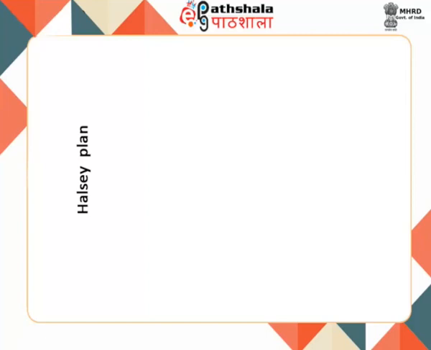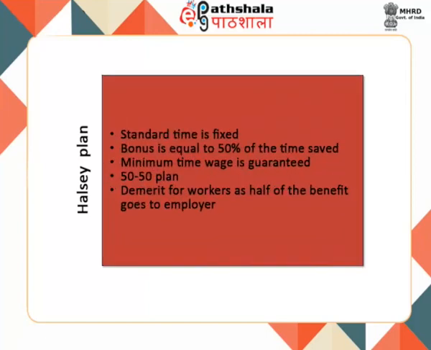Halsey Plan. This plan was introduced by F. A. Halsey. A standard time is fixed for the job and bonus is equal to 50% of the time saved. Minimum time wage is guaranteed. It is a 50-50 plan. Both workers and employers each get 50% benefit of the time saved.